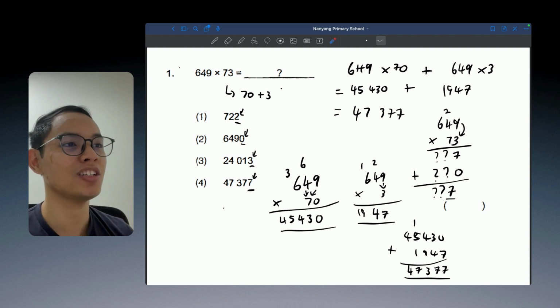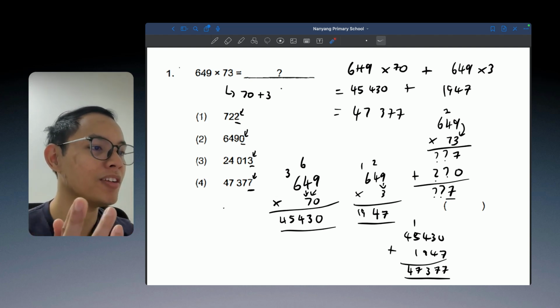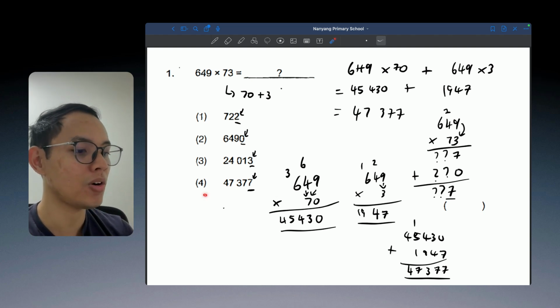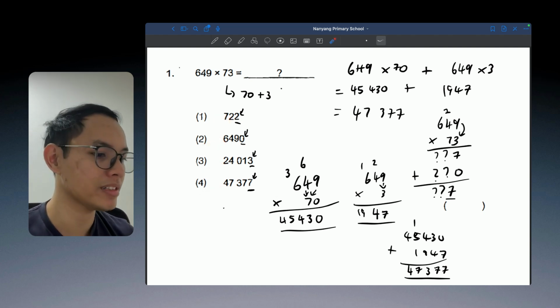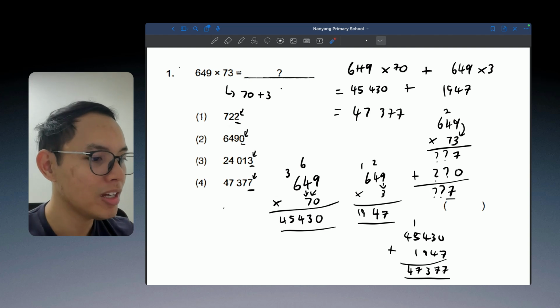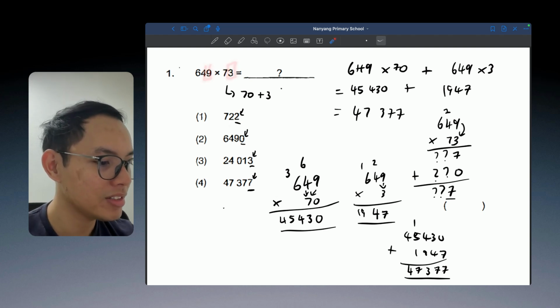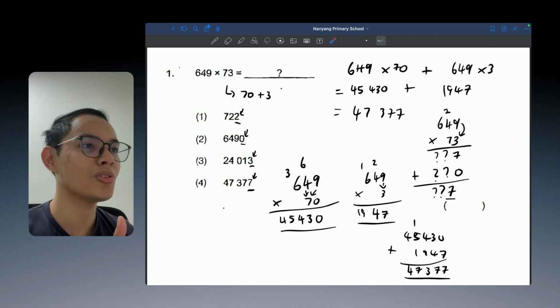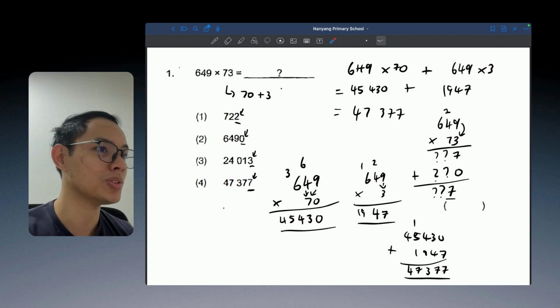If you do the multiplication throughout, I think that's fine, but because of time, you should have a better understanding that it is an educated guess. Usually, if you do it well, you can answer this within seconds, because you just need to know 9 times 3 is 27, the last number is 7, and that's it. So that is how to answer quickly in MCQ.